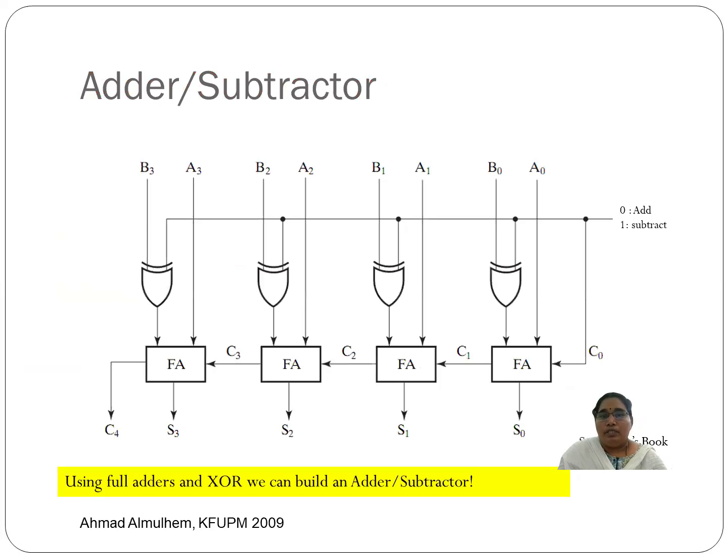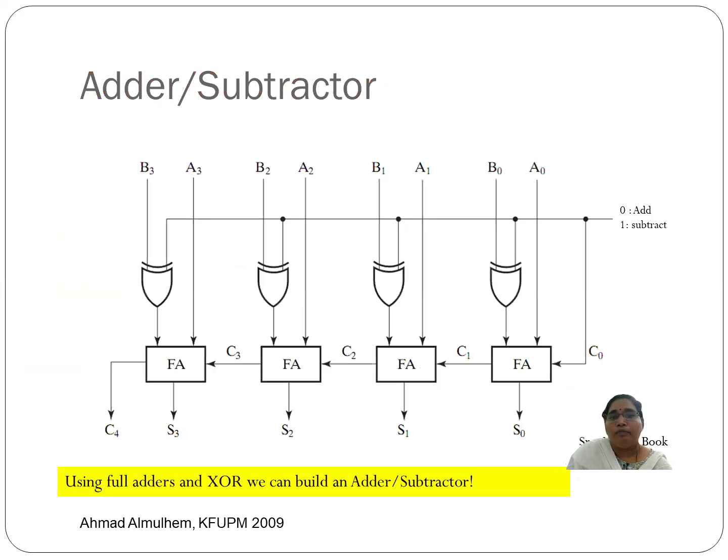Now this carry input signal we will use as the mode control input. If this input is 0, then a carry input of 0 is applied to the full adder, and for all these 4 XOR gates, one input is tied to logic 0.